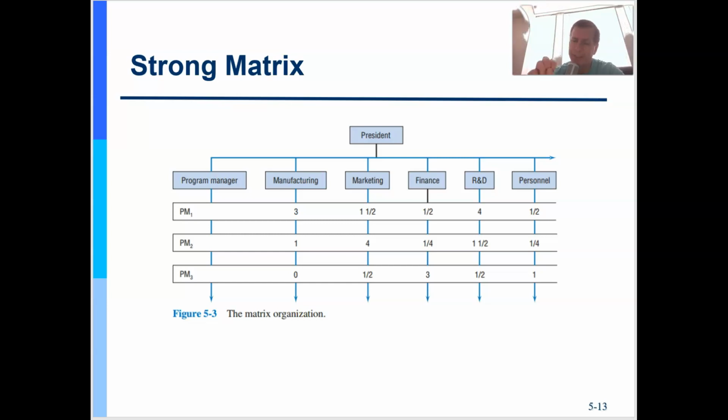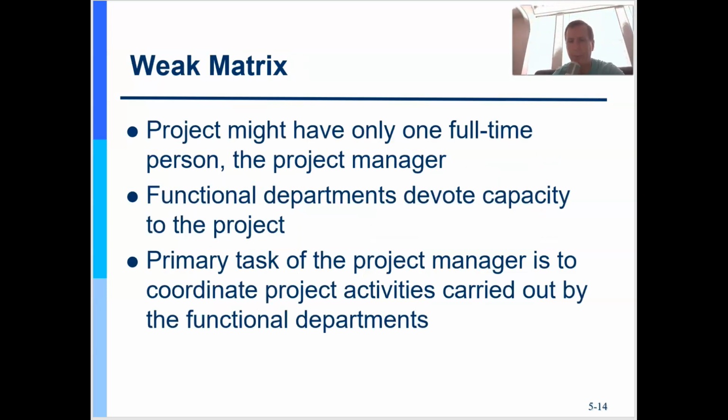In a strong matrix organization, the project manager has the most possible authority. You'll manage the budget. You really have a good deal of authority, even over functional managers. Now, a weak matrix is going to look most like, even though it's a matrix organization, a functional organization.